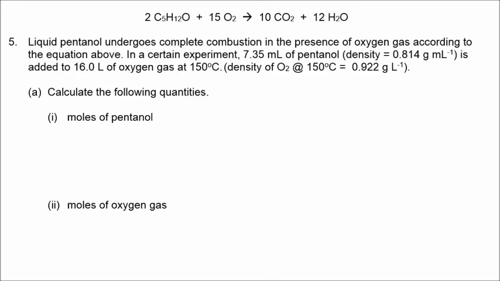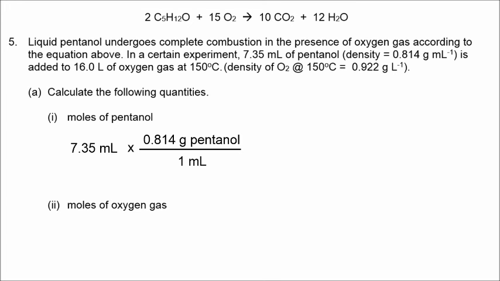In question 5, this is going to be a limiting reactant problem. So we have to determine the number of moles of each reactant. The equation has already been balanced for us. The way we get moles of pentanol, we have to go from milliliters to grams, and then from grams to moles. So to go from milliliters to grams, we're going to use the density as a conversion factor. 1 milliliter on the bottom, 0.814 grams of pentanol on the top.